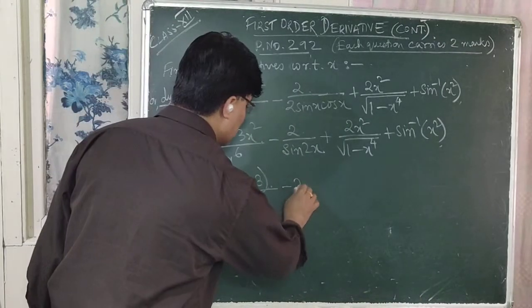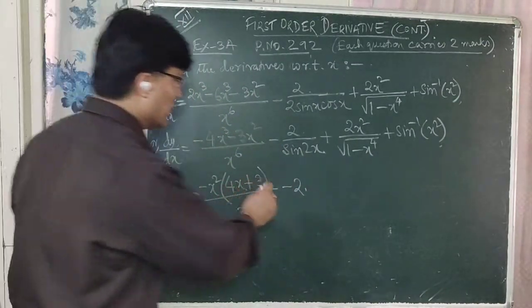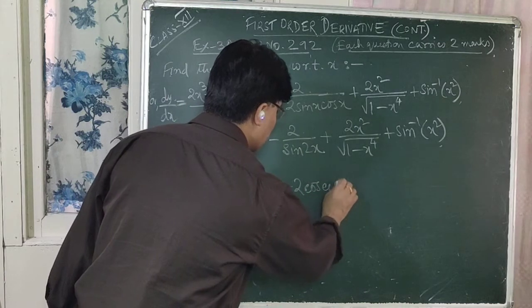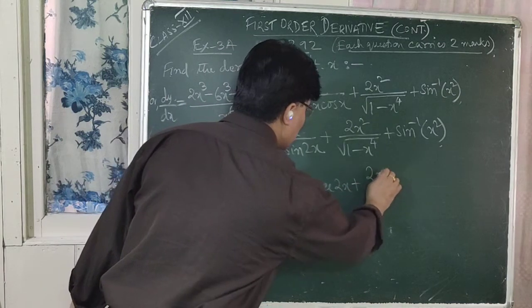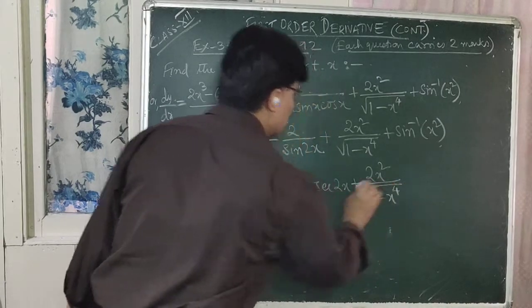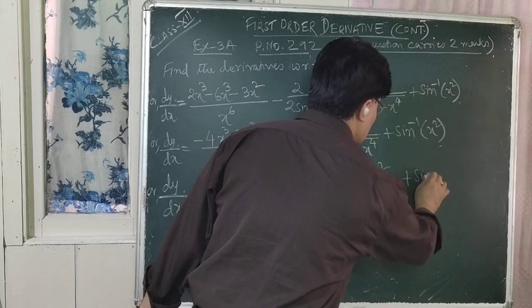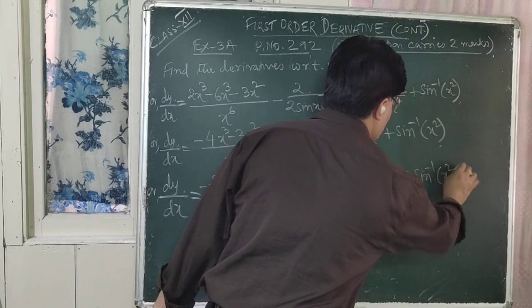Then minus 2 into, you can write here, what is 1 by sine 2x? Cosec 2x, isn't it? So it is cosec 2x plus 2x square whole divided by root under 1 minus x to the power 4 plus it is sine inverse x squared.